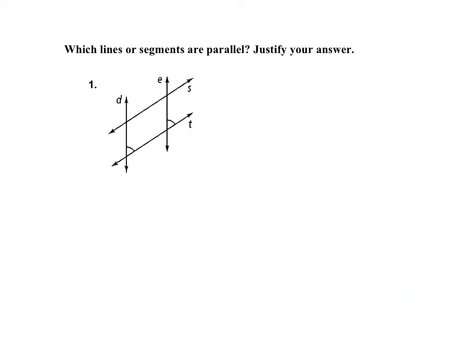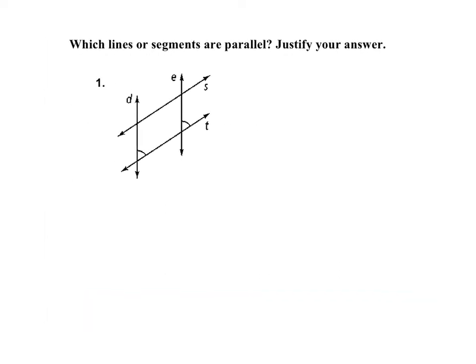Okay, so now I want to determine which lines or segments are parallel and justify our answer. As you can see, I have this angle telling me that it's congruent with that one.